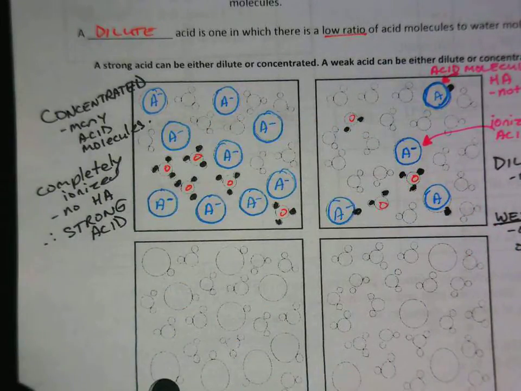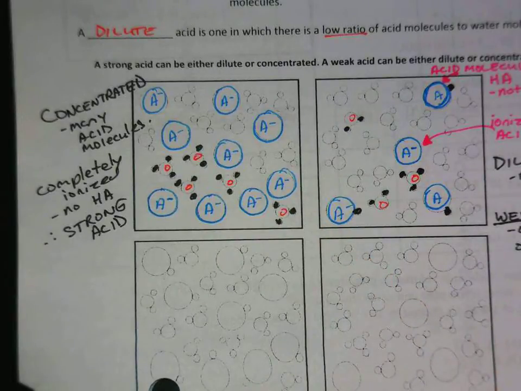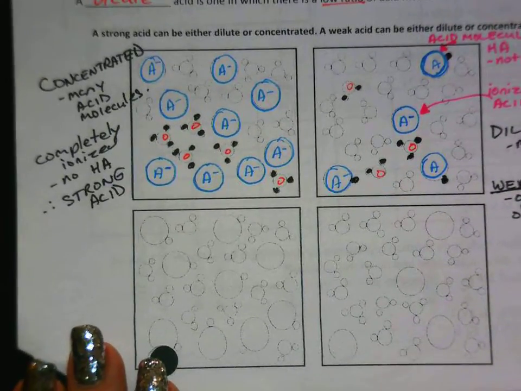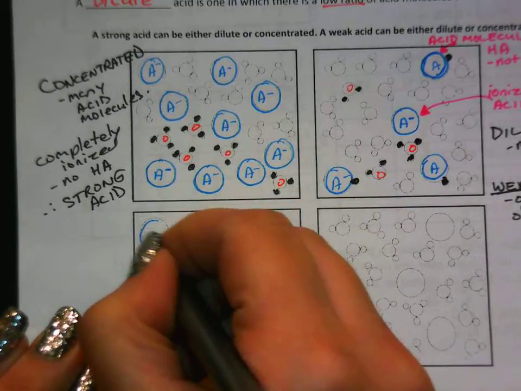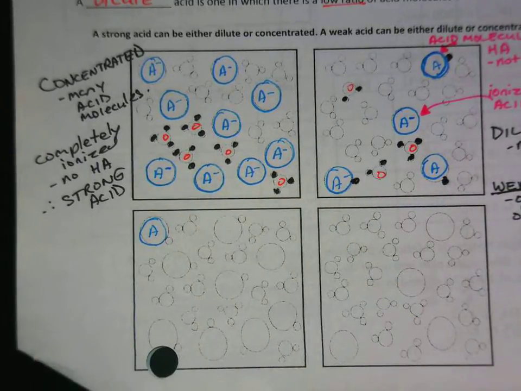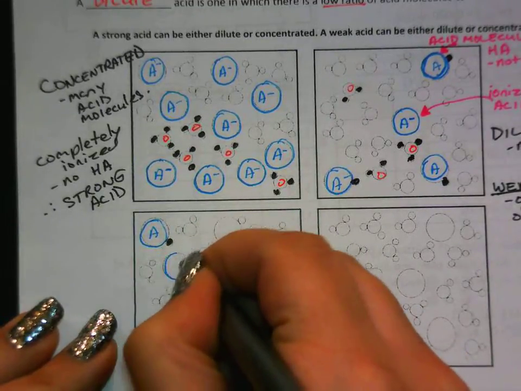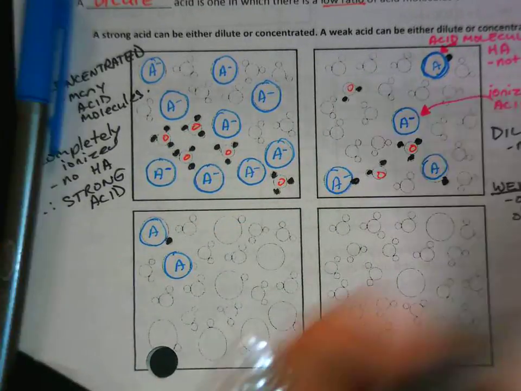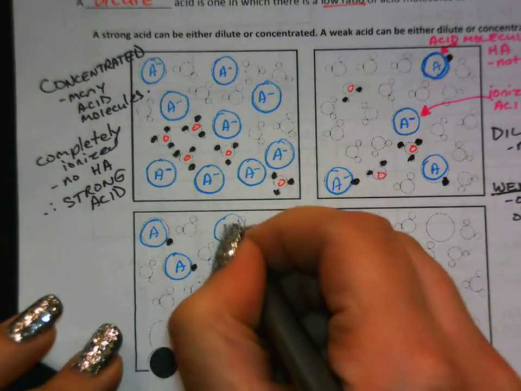We have a concentrated strong acid, dilute weak acid, concentrated strong acid. Let's look at the bottom one here. Here we have one acid still attached to the hydrogen. Here's another acid attached to the hydrogen. Third one over here.